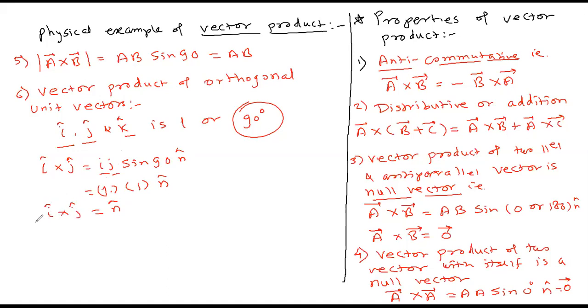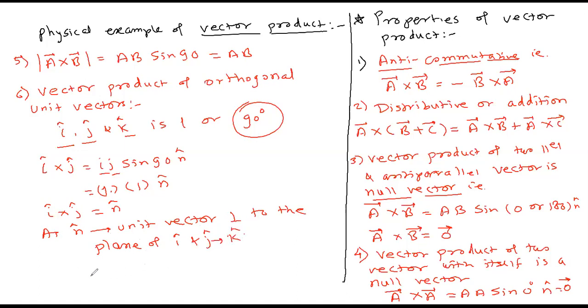As you know, n cap is a unit vector perpendicular to the plane of i cap and j cap. So it is just the third vector, k cap.